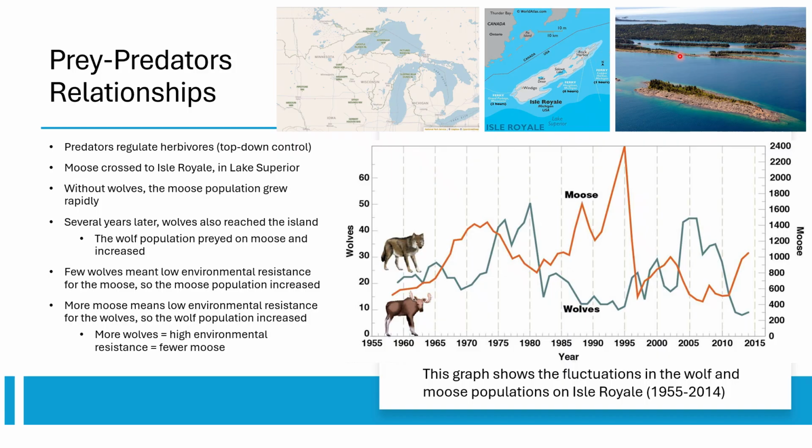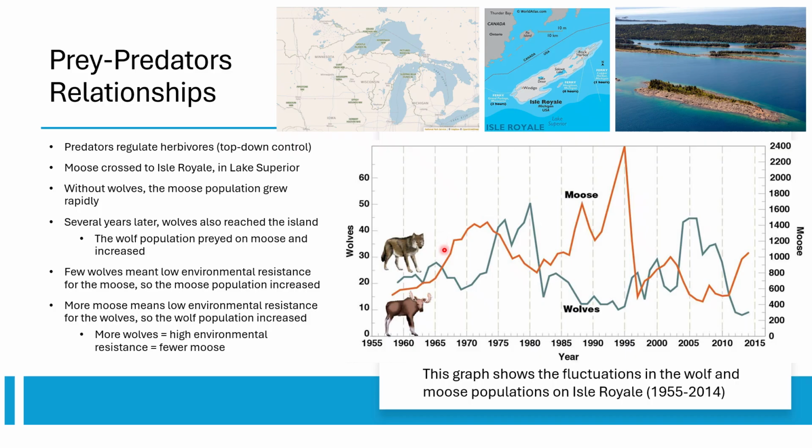This ecosystem is very interesting. This ecosystem has moose and wolf. Without the wolf, the population of moose increased very, very rapidly. And then when the wolf comes onto the island, the wolf will prey on the moose.